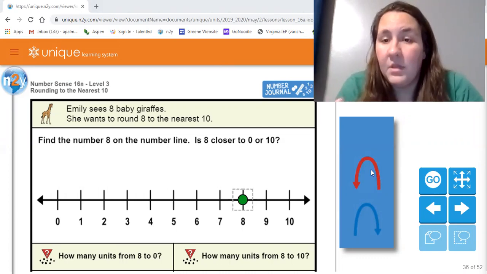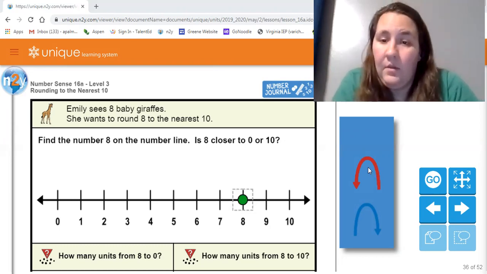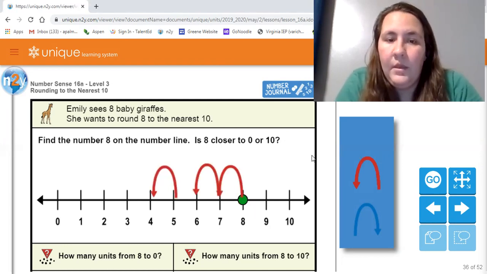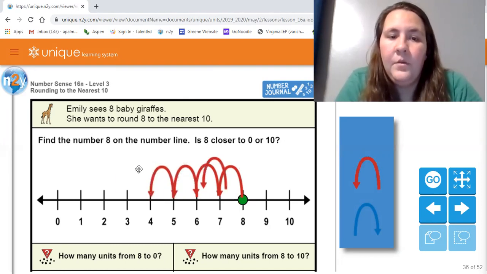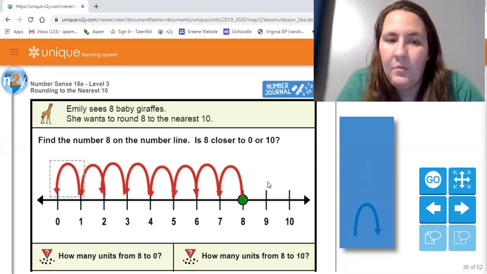And I want you at home to either draw on your own number line and count, or touch the screen and count with Miss Dailey, okay? Here we go. 1, 2, 3, 4, 5, 6, 7, and 8.